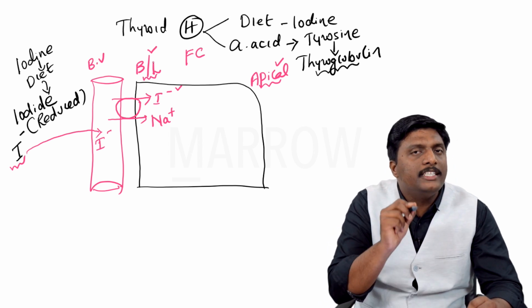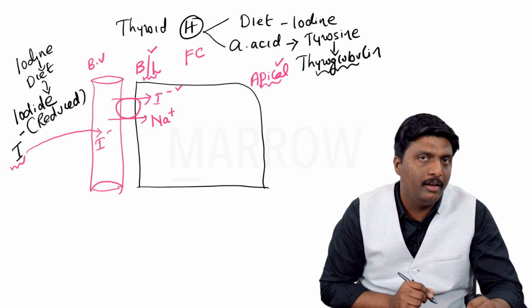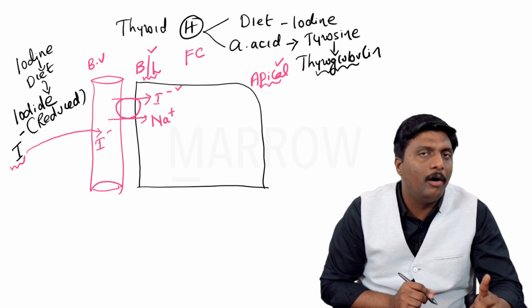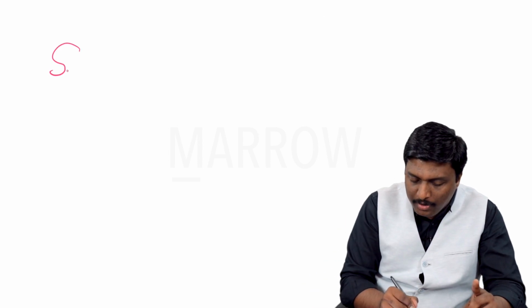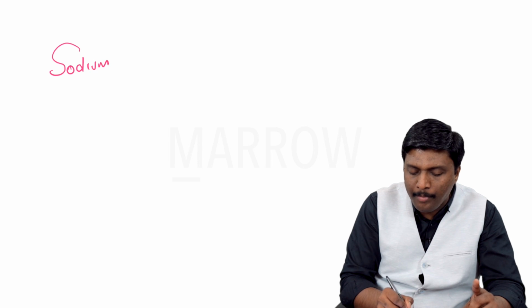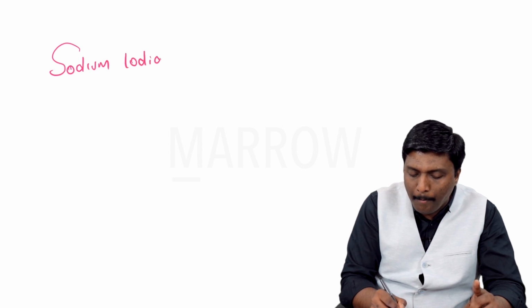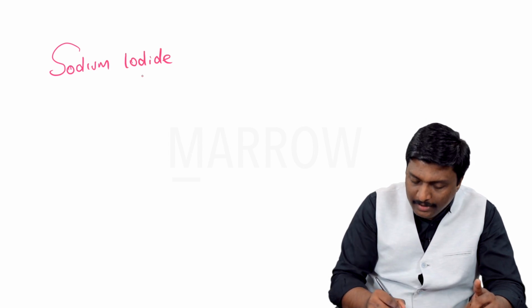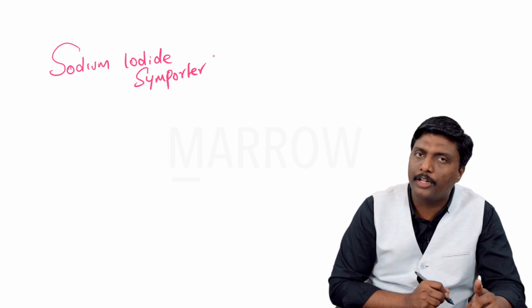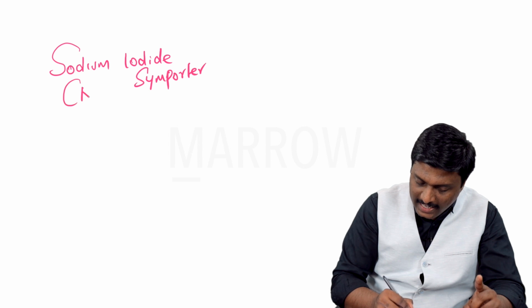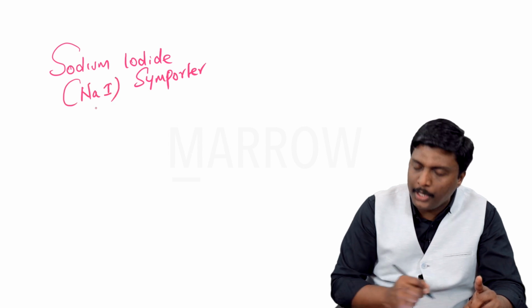What is the name given to this transport protein? Very important MCQ, also recently asked in the AIIMS exam. Look at the screen, that important channel protein is called the sodium iodide importer. Both are transported together. That's why we call this important transport protein the sodium iodide importer. It is always written as Na for sodium, I for iodide.